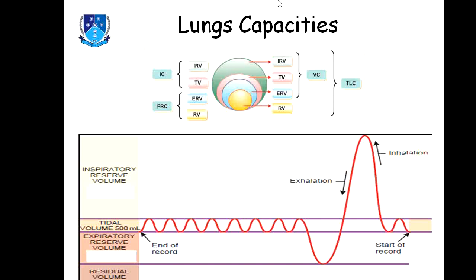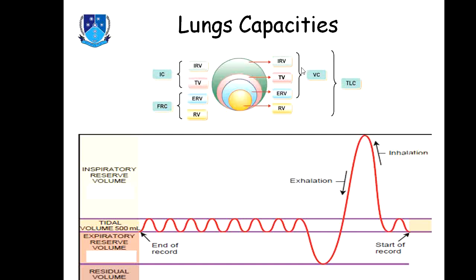So this is the combination of tidal volume and inspiratory reserve volume. These values combined together, 3.3 liter plus 0.5 liter, is 3.8 liter. This represents the inspiratory capacity.